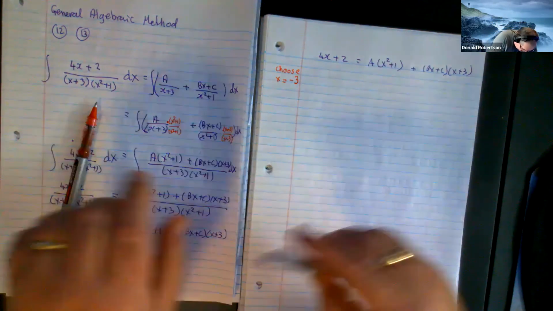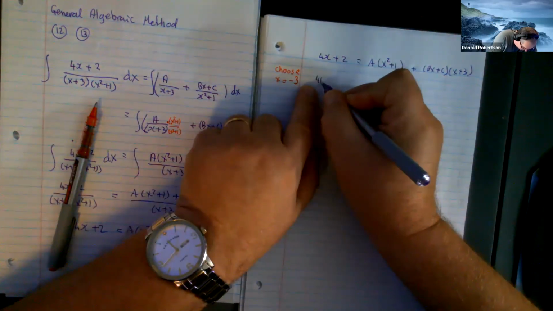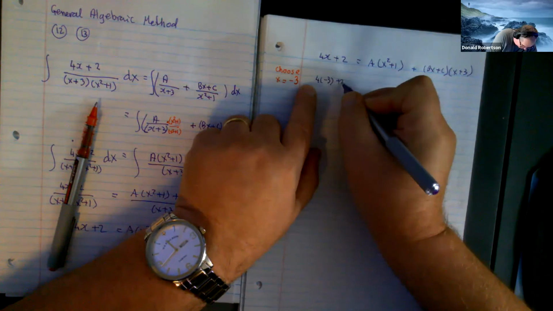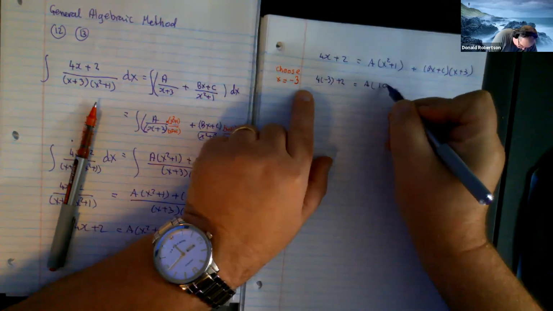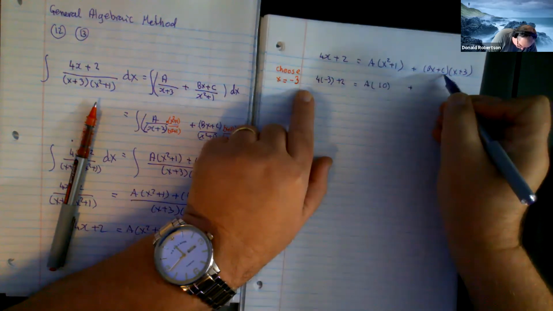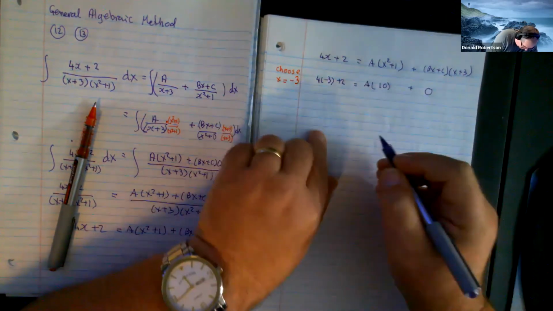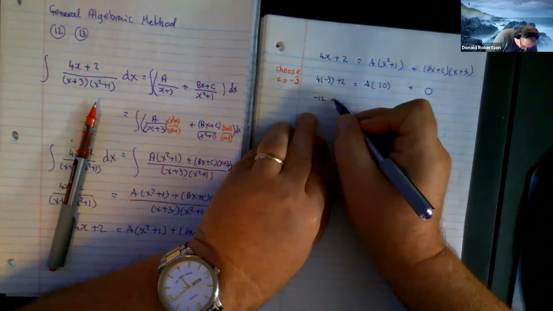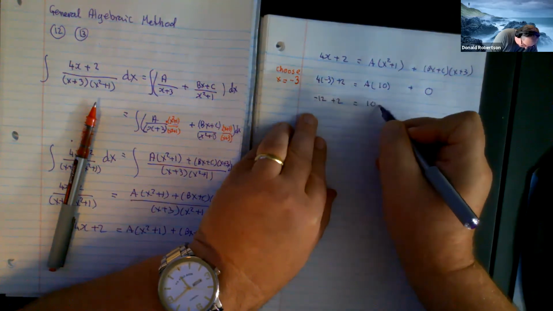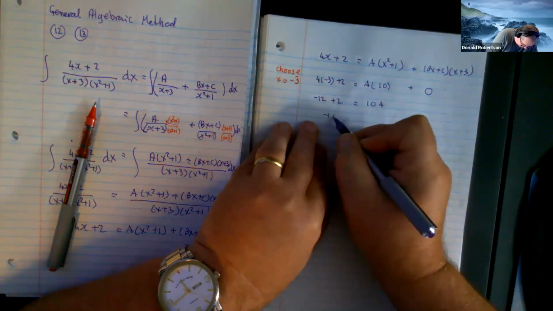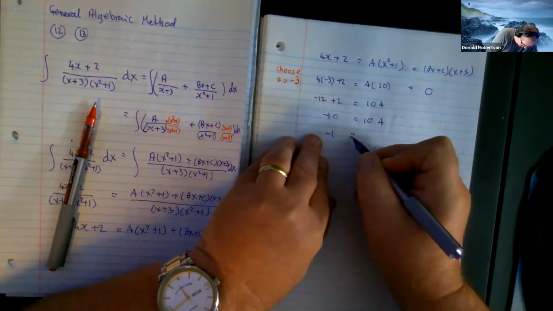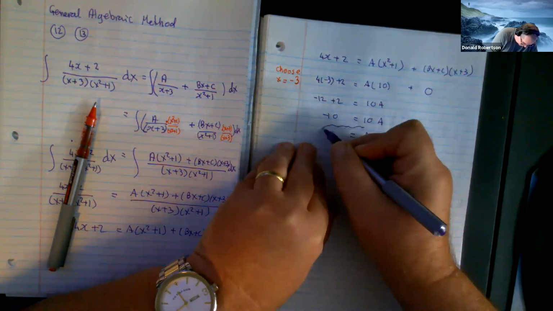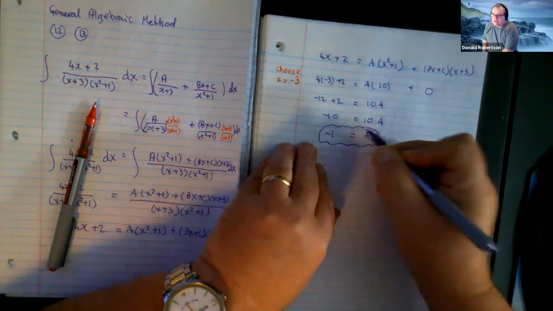So 4 lots of -3 add 2 is a times (-3 squared add 1), which is 10a, plus something times 0, which is 0. So I have negative 12 add 2 is 10a. I have negative 10 equals 10a. And now, almost like magic, haven't I found out who a is?